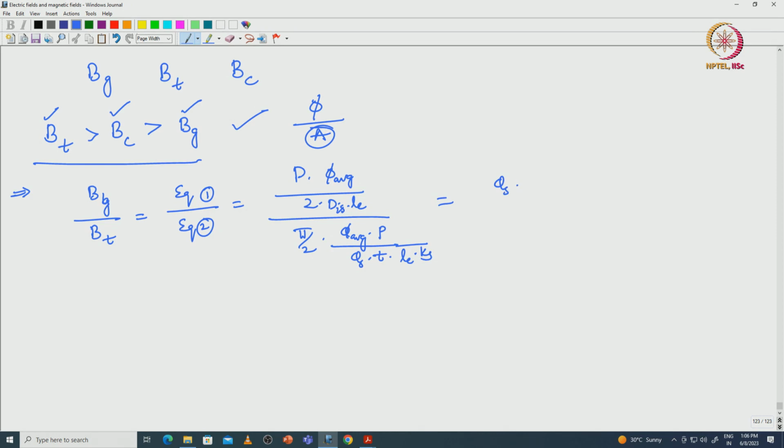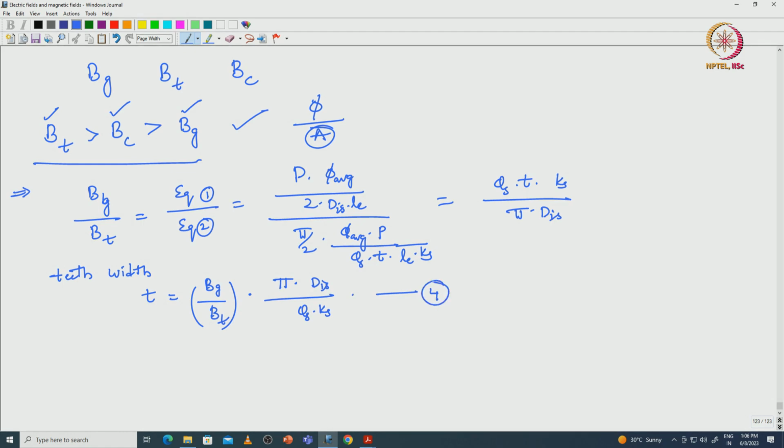Then this ratio will be Qs into T Ks divided by pi into dis. Just rearrange the terms. Finally, we have to solve for the teeth width. So the teeth width is equal to Bg by Bt constant value into pi into dis divided by Qs into Ks. This is equation number 4. We have found the teeth width.